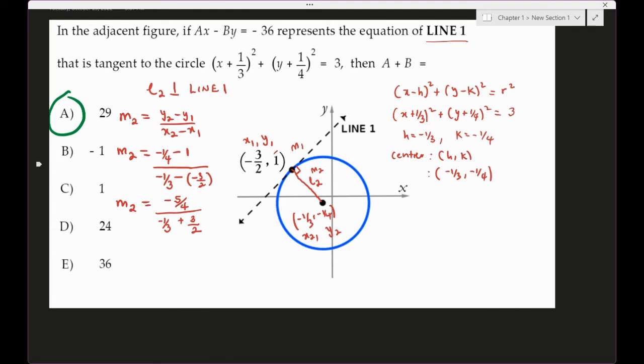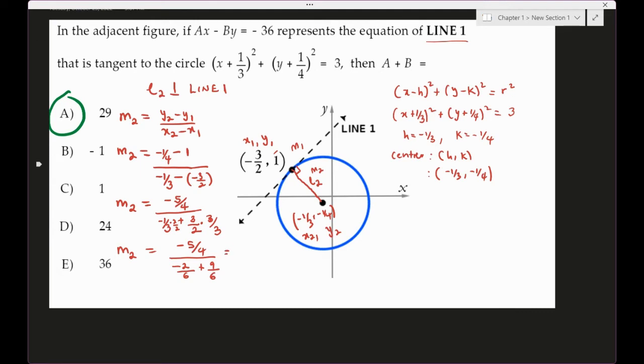Since this is 3 and this is 2, we make the LCD the same by multiplying the 2 by 2, and the other one by 3 over 3, which is like multiplying by 1, so nothing changes. So the denominator becomes minus 2 over 6 plus 9 over 6.